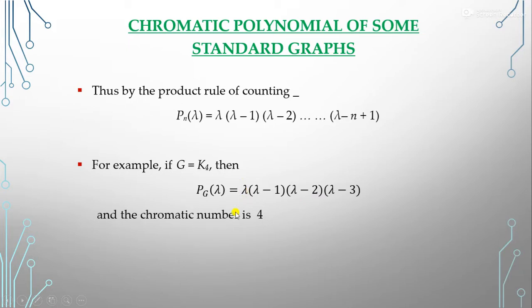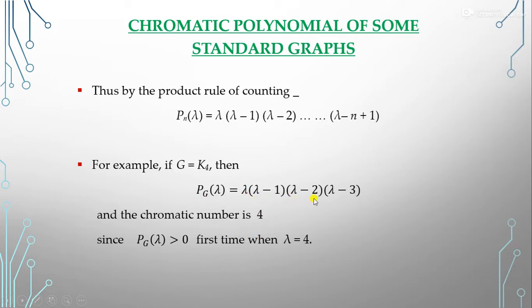Now how do we decide the chromatic number of this? The chromatic number of this is 4. So by the chromatic polynomial, how can we decide the chromatic number? The first time the polynomial is greater than 0 is when we put lambda equal to 4, so we find that our chromatic number is 4.